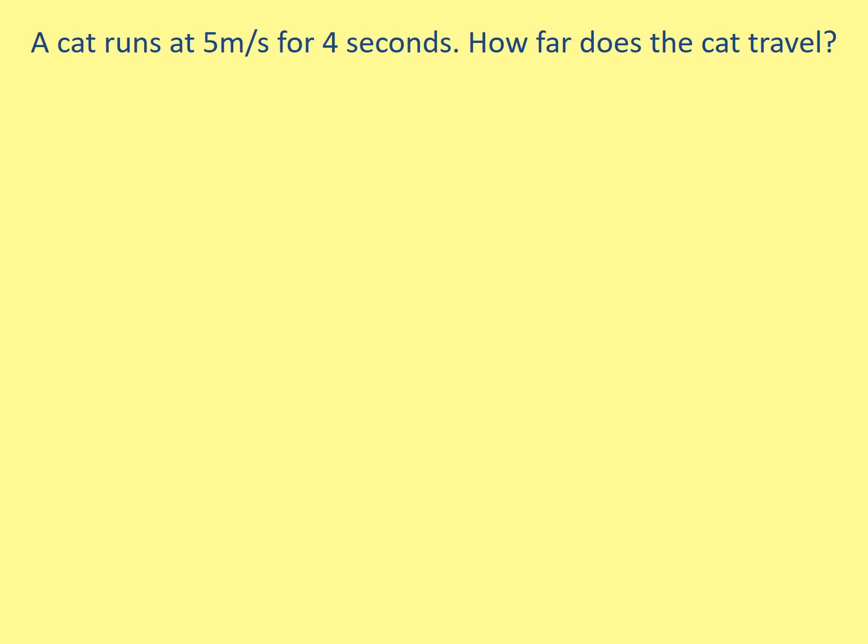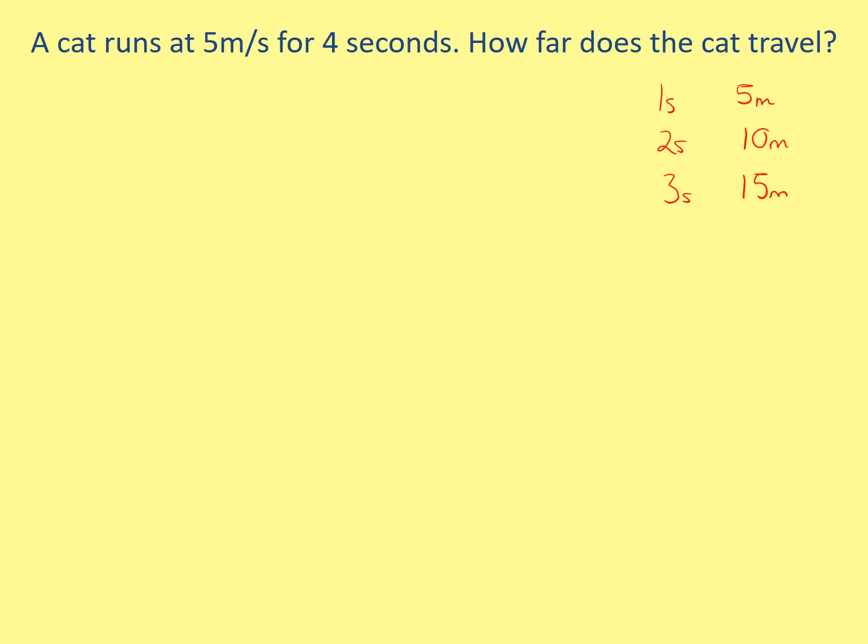The first way though that we could do this is we could say, okay, 5 metres every second. So after 1 second, the cat will have run 5 metres. After 2 seconds, if he's running 5 metres every second, the total distance will be 10 metres. After 3 seconds, the cat will have run 15 metres.